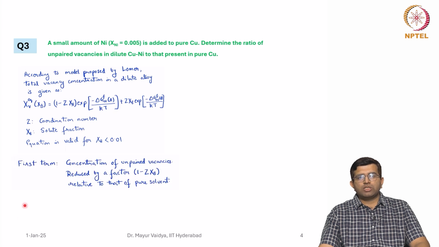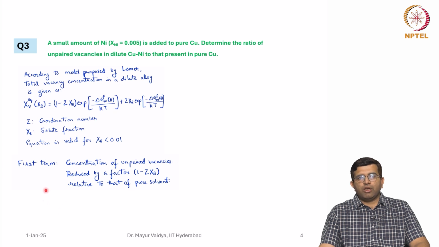Now, the first term is the concentration of unpaired vacancies, and this is reduced by a factor 1 minus Z X_B relative to the solvent. If this was alone, without this fraction, this term alone represents the vacancy concentration in pure A. Now, because there is a 1 minus Z X_B factor coming due to the solute, that much concentration is reduced.